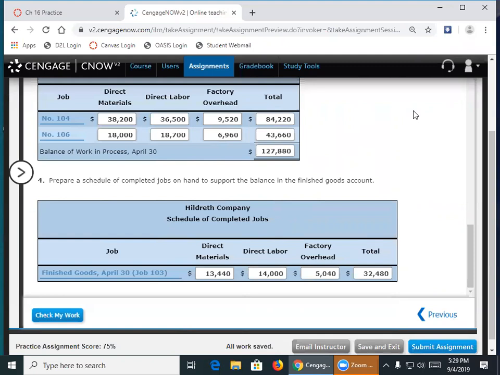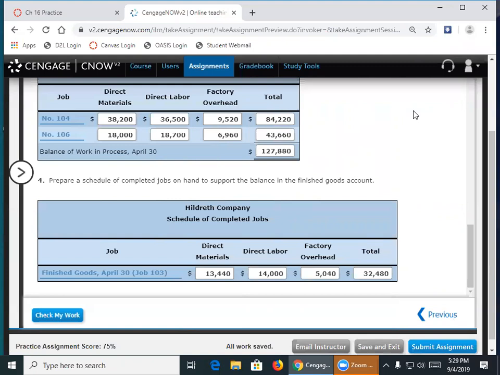So your overall goal with factory overhead is to calculate the balance and zero it out. It's over applied, so I'm going to debit it to zero it out, and I'm going to credit cost of goods sold.